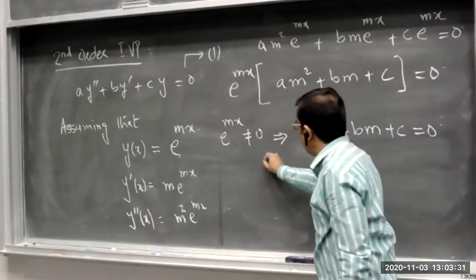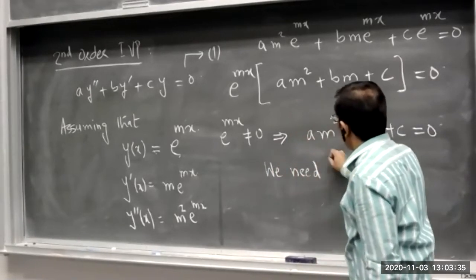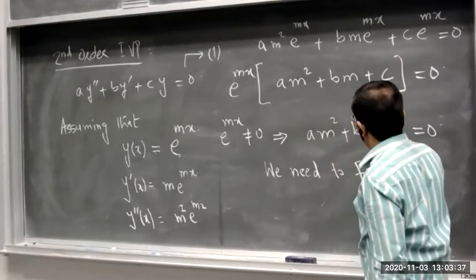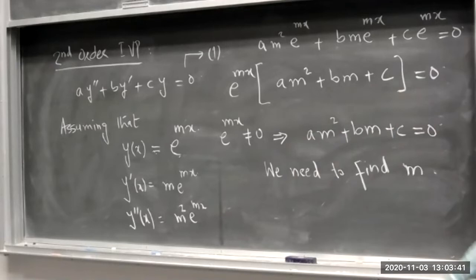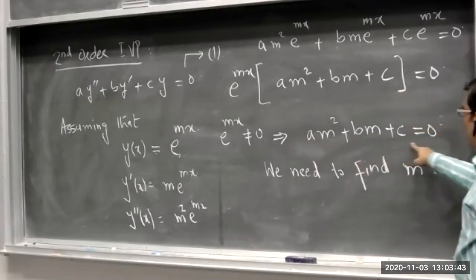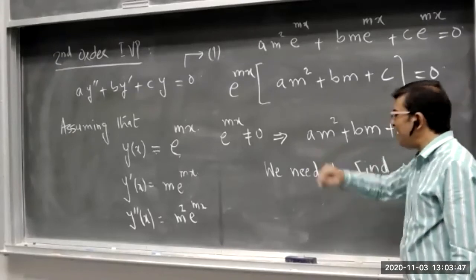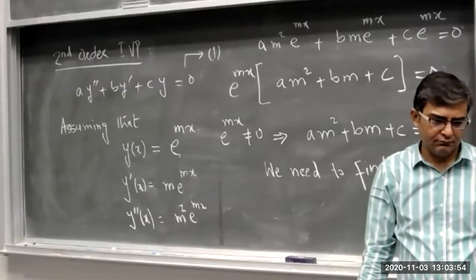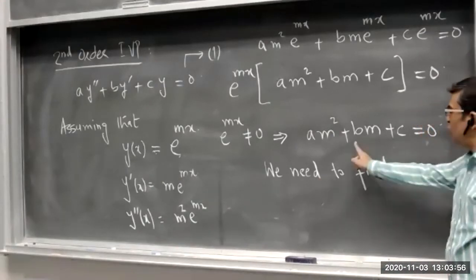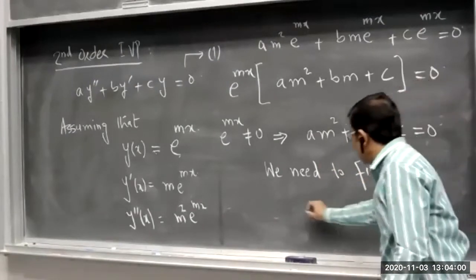We need to find m here. If we have a quadratic equation, a polynomial equation of degree 2, then how many values of m can we have at maximum? If it is a polynomial of degree 2, then this equation must have 2 roots.